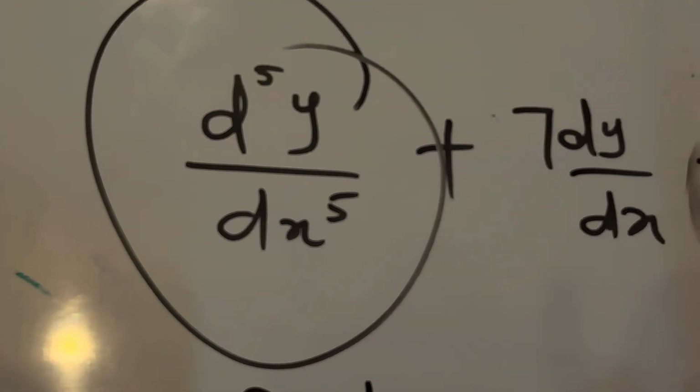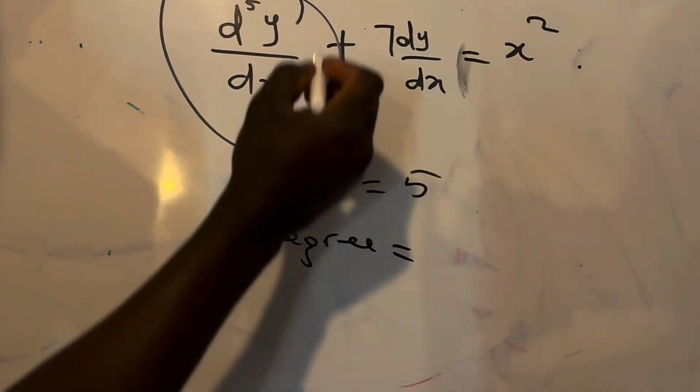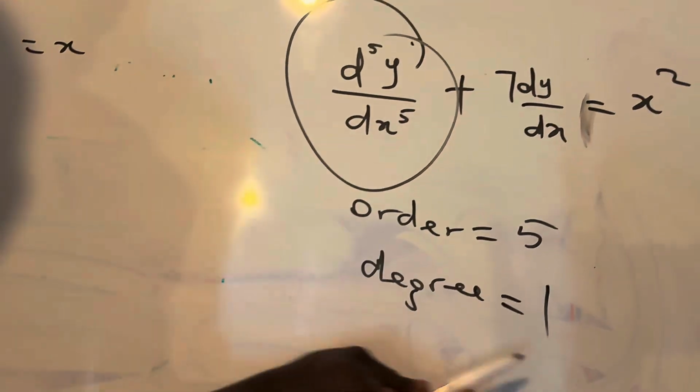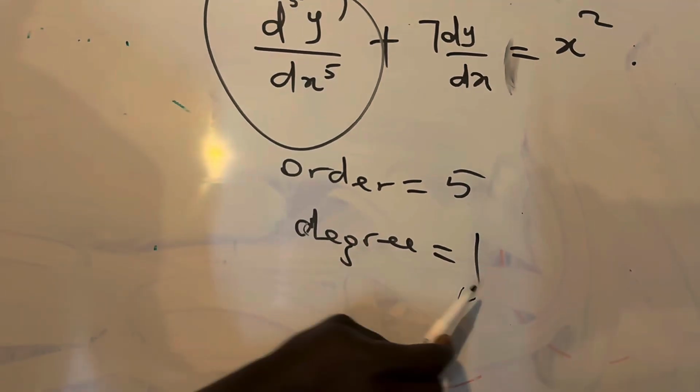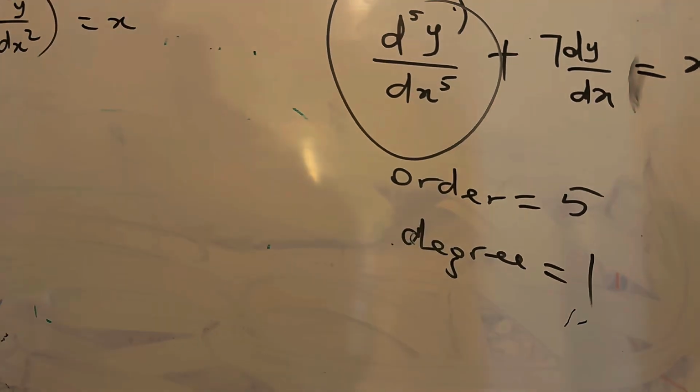This is of order 5, and the degree is 1. The degree is what? 1, because the highest order determines the degree. The highest order will determine the degree of a differential equation.